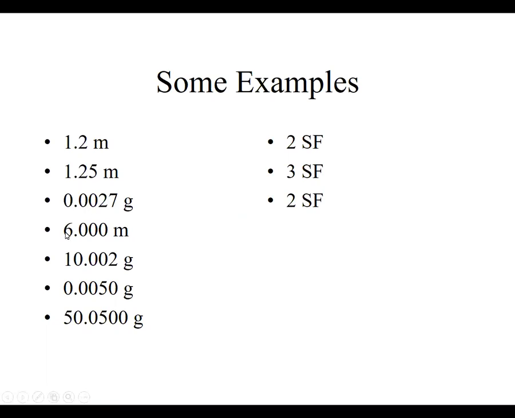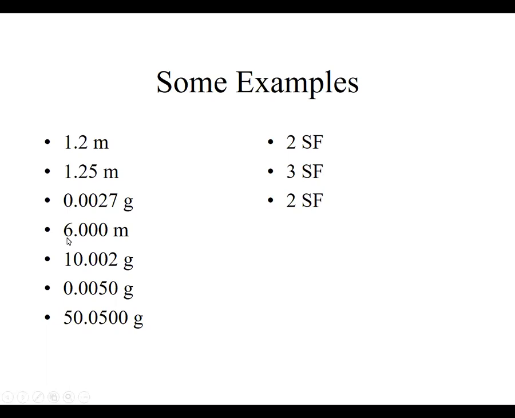Okay, now we come to 6.000 meters. Now we have zeros after a decimal point like we did here, but whereas the zeros after the decimal point here were preceded only by another 0, here the zeros after the decimal point are preceded by a 6. And of course, we know that 6 is significant, right? All non-zero digits are significant.